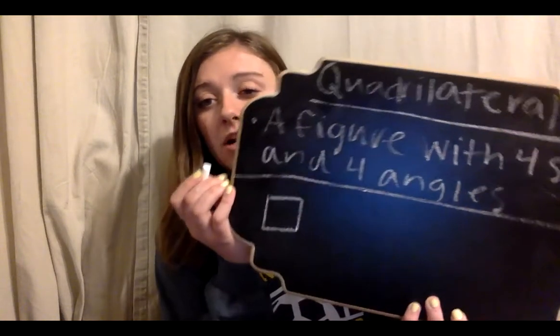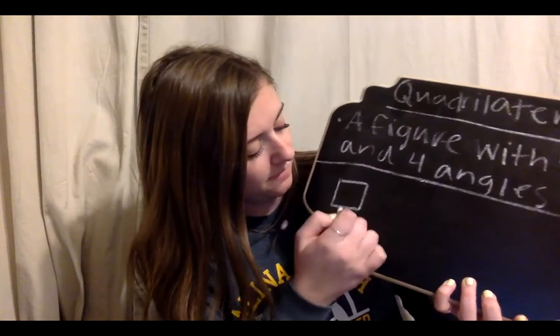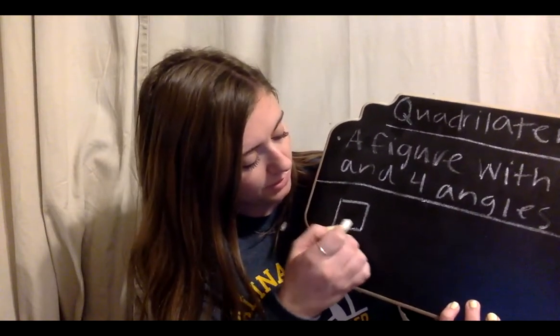Okay, so I heard a couple of the tables mention a square. So I'm going to draw that on the board so you guys can see it. So yes, a square is a quadrilateral, okay, because it has 4 sides, 1, 2, 3, 4, and 4 angles, 1, 2, 3, 4.